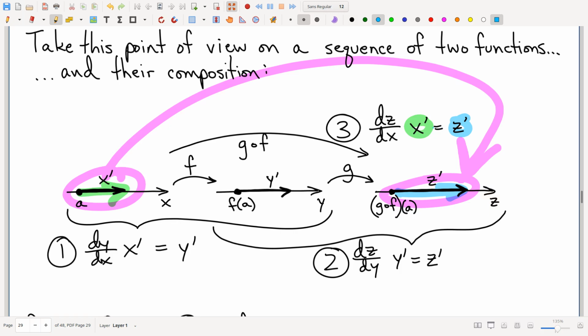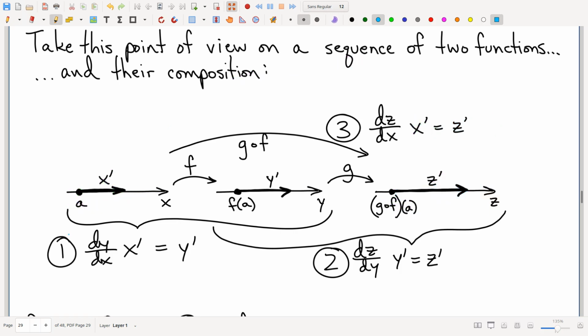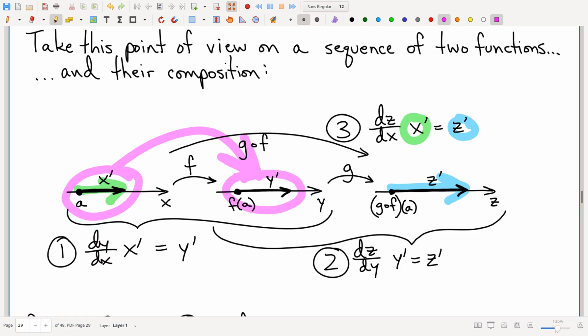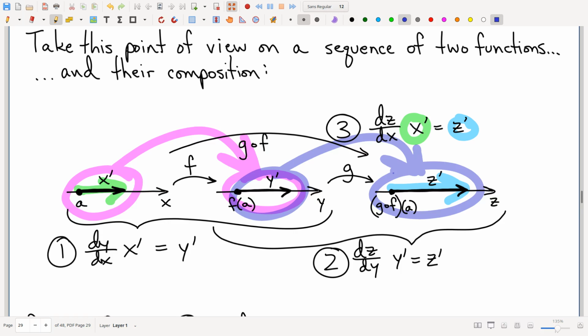Okay, all right, so now let's think out loud on an intuitive level and forget about the equations for a moment. In the process of turning x prime into z prime, that's what the derivative of the composition does. But in that process, I've multiplied by a factor, which is f prime, and then after that, I multiplied by a second factor, which is g prime.